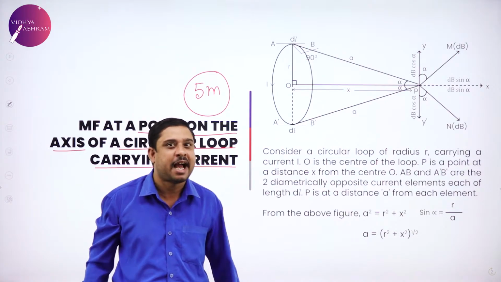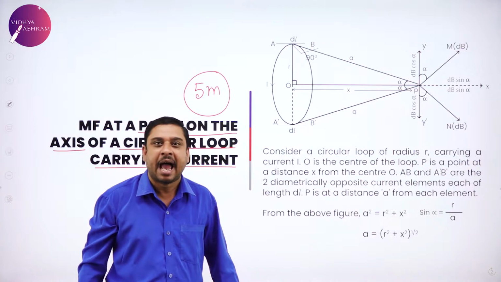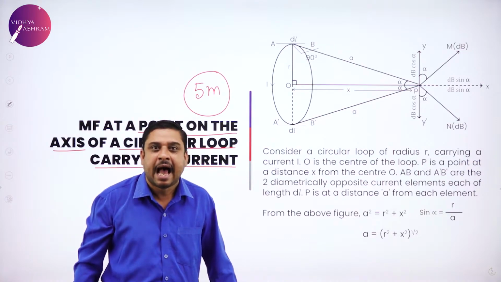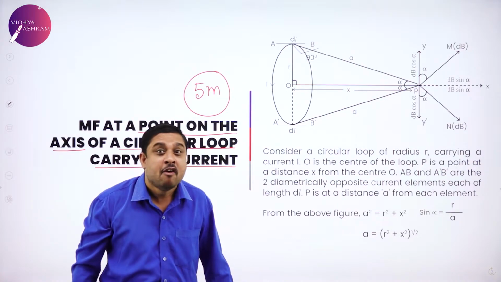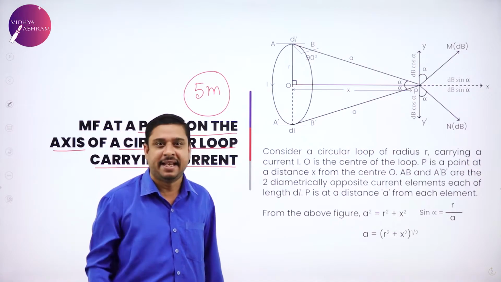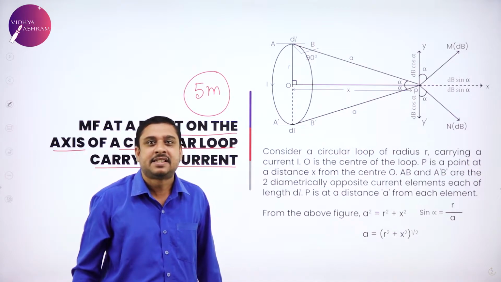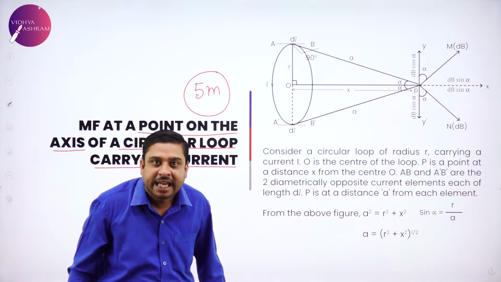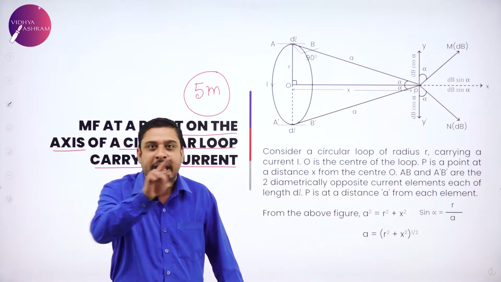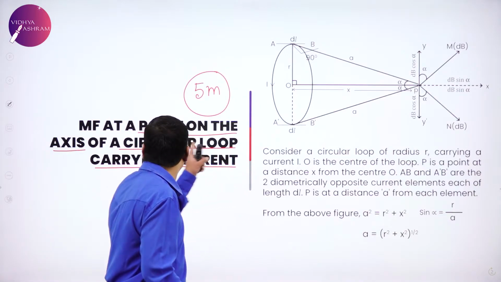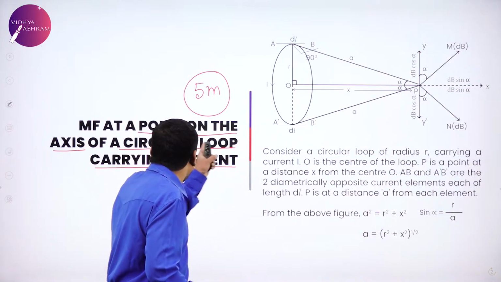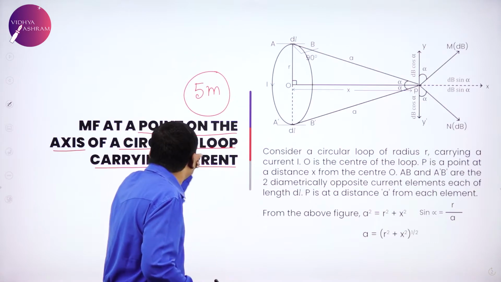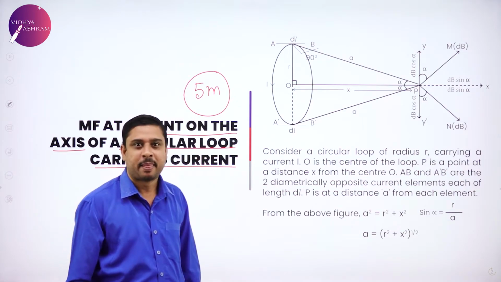So what is that I am doing? I am deriving an expression for magnetic field, the strength of the magnetic field by considering a point on the axis of a circular loop.